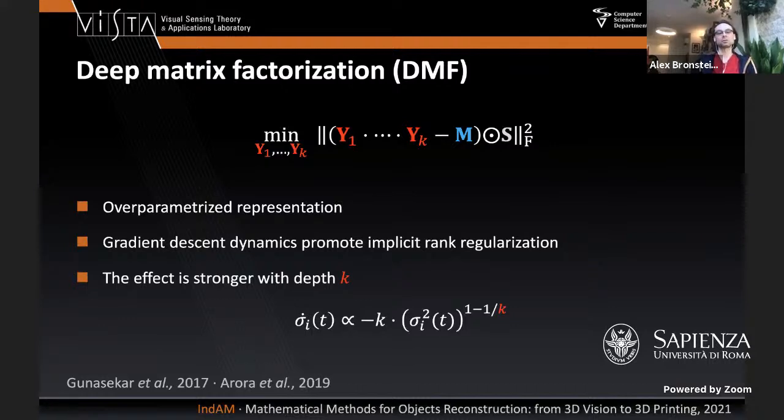These results are due to Arora, a relatively recent paper from 2019. There are some assumptions on the type of the loss function that we need to choose, and of course these simple loss functions satisfy those assumptions. So essentially, we overparameterize the problem. We have more degrees of freedom, but in exchange we get an implicit rank regularization. So we don't need to explicitly put the rank penalty anymore.